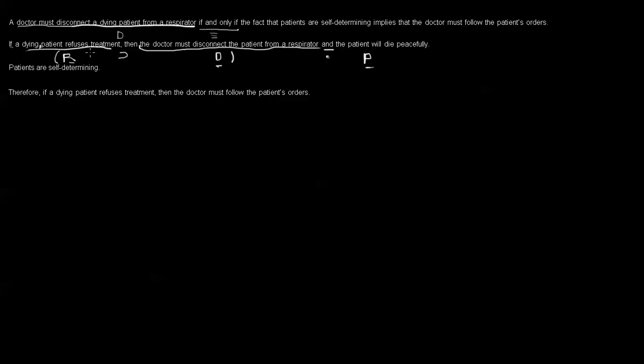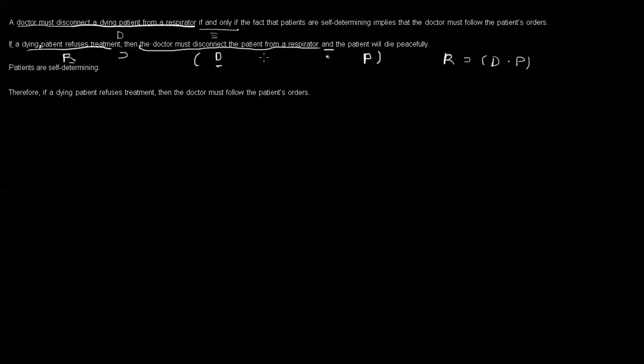We're just saying if this happens, the patient will die peacefully. So those are not the right places for the parentheses. We're going to put the parentheses here. To make that a bit more clear, premise 2 looks like this: if R, then D and P.